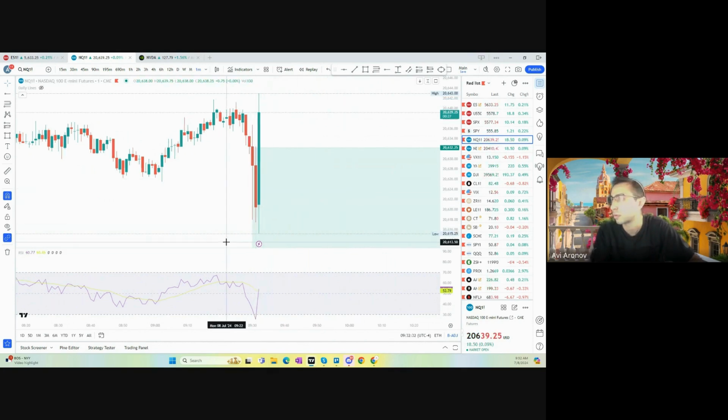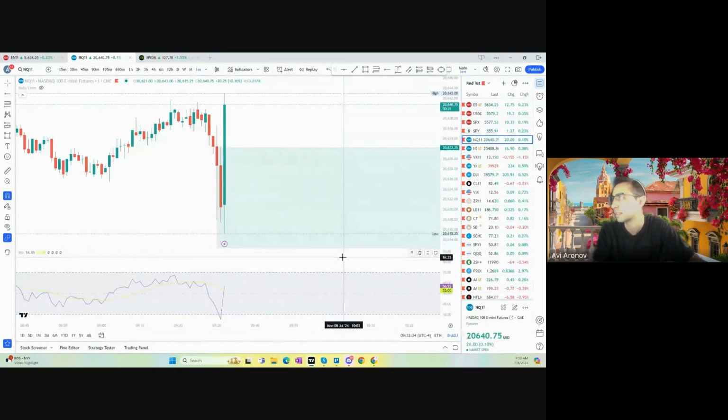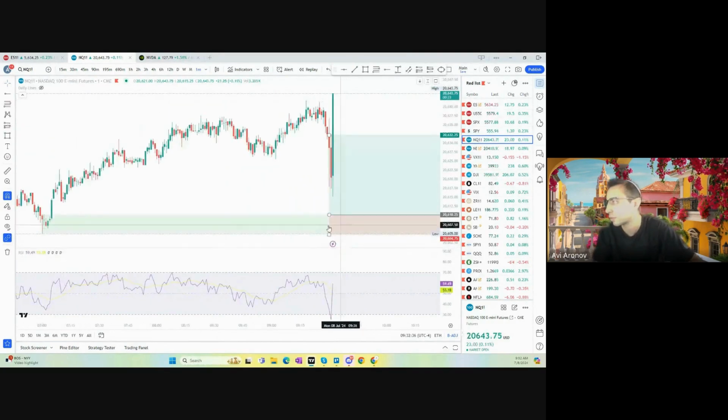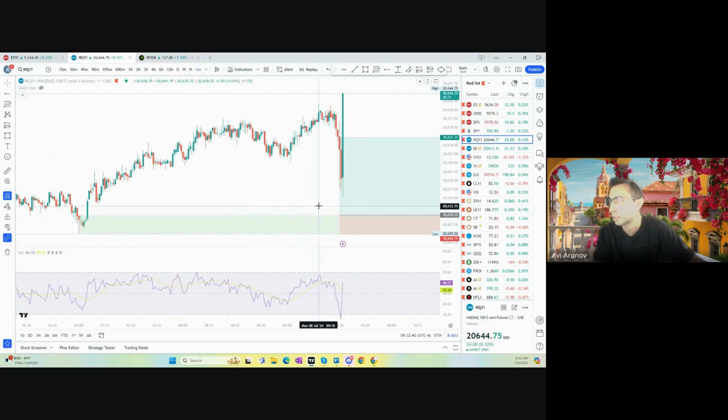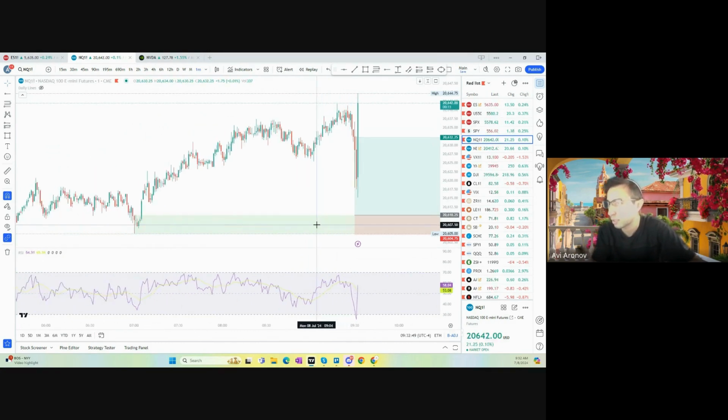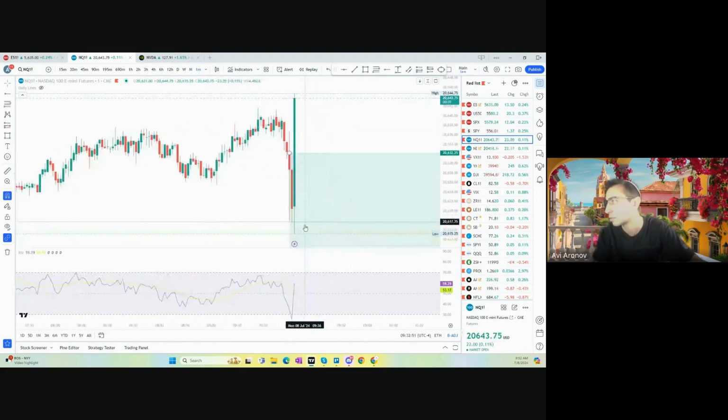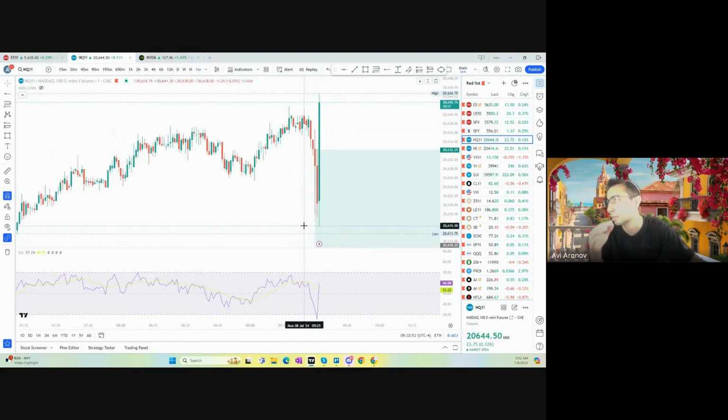That's a great rally right there. So it didn't even reach our area, and it's had a very big rally, but very close to the area that we are looking to enter. So it might now start going down even more.